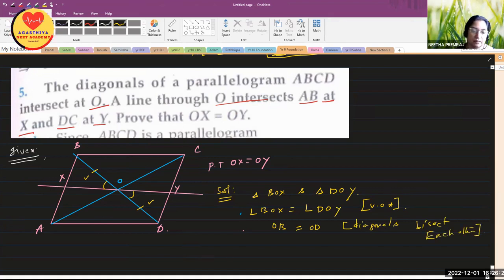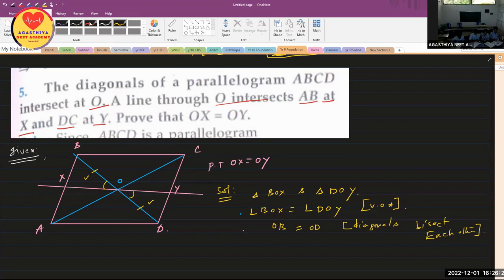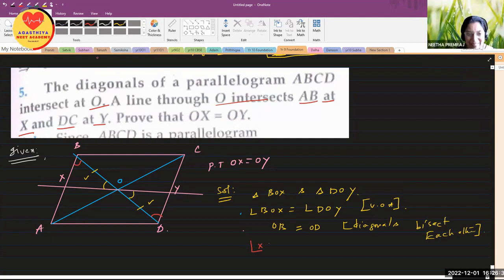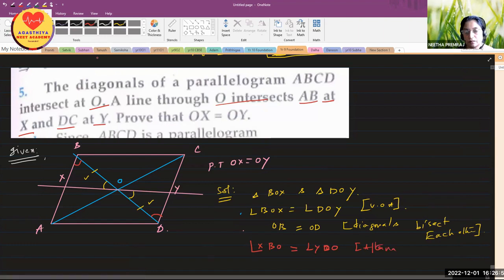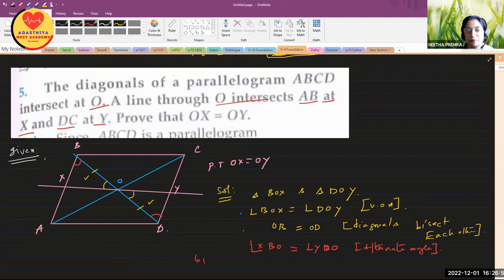Next, this angle is equal to this angle. Why? What is the reason? Alternate angle. Very good. That is equal to angle YDO. The reason is they are alternate angles, because AB is parallel to CD, so these two angles are alternate. Therefore, by what criteria?